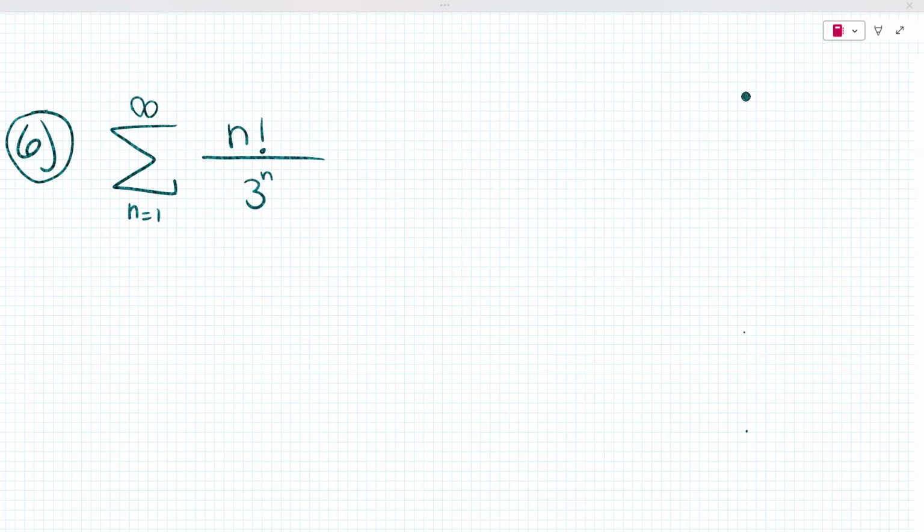So here's a big clue. Since you have a factorial, you automatically have to use the ratio test. So if you have a factorial, just use the ratio test. That's what I'm going to do.